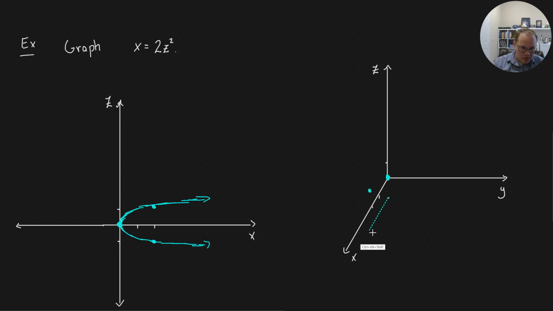And then this way to about there. And so with the perspective, this is kind of like what my parabola looks like. Sketching in 3 dimensions is harder than 2 dimensions.